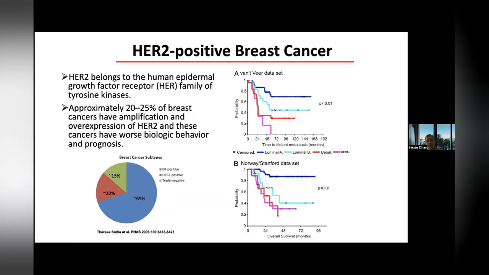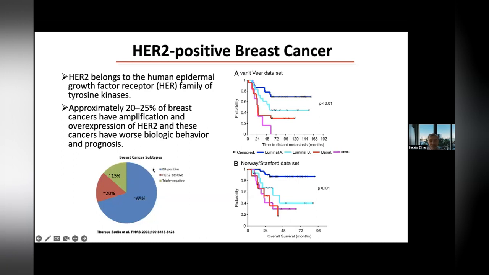Thanks to the previous speaker, Dr. Paula, who introduced the breast cancer background. We are focusing especially on breast cancer stem cells, especially HER2-positive stem cells. HER2 is an oncogene belonging to the human epidermal growth factor receptor family. It is overexpressed in 20 to 25% of breast cancers.